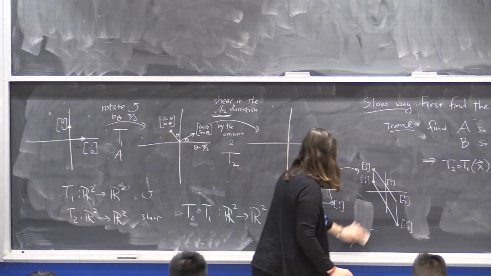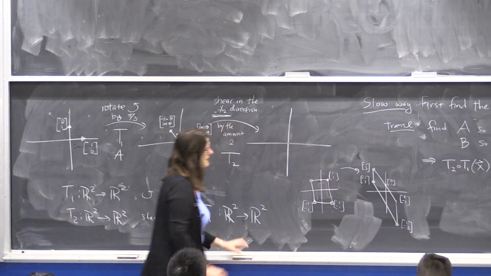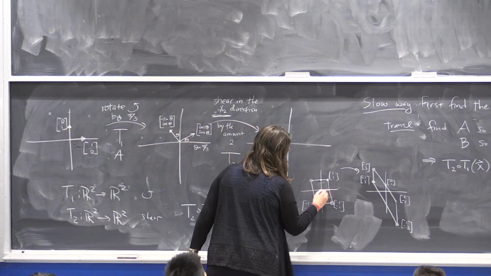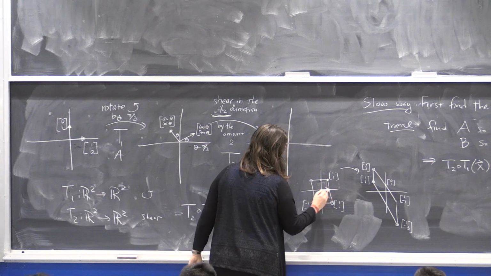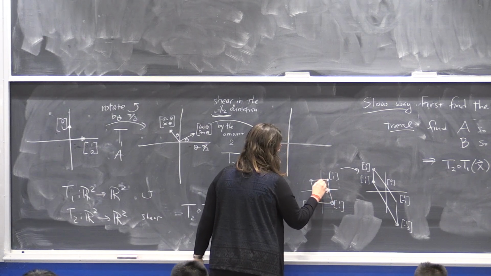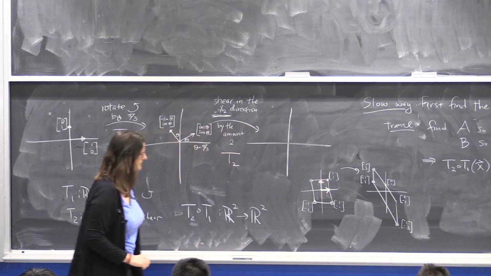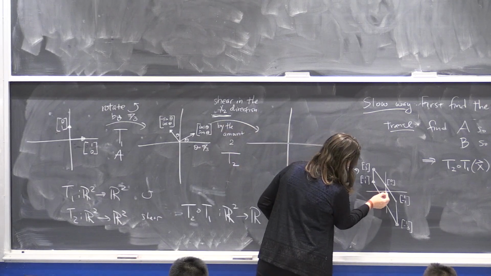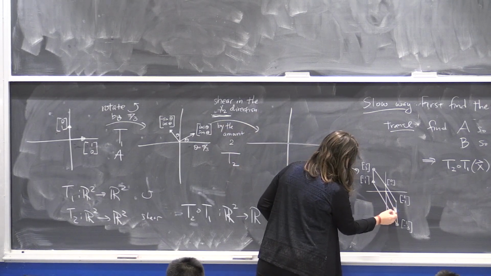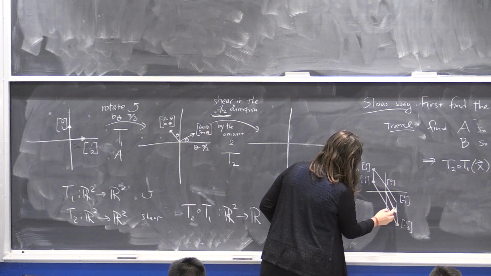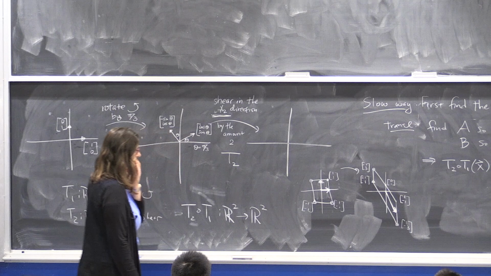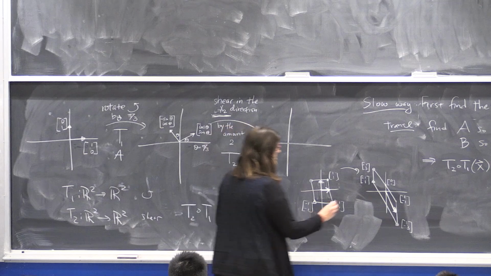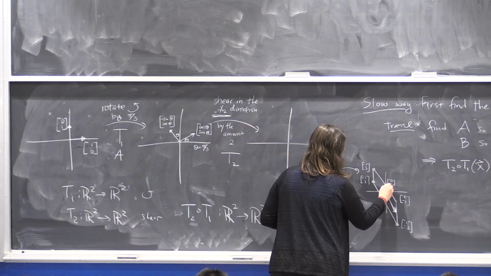Okay, so with all that said, to represent the matrix, we need to figure out where this vector goes and where that vector goes. So 1, 0 got sent to that, and 0, 1 got sent to that.